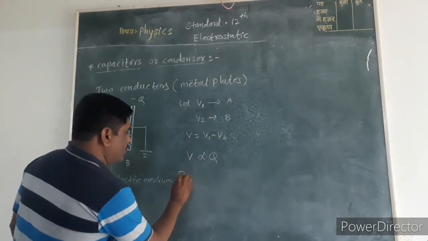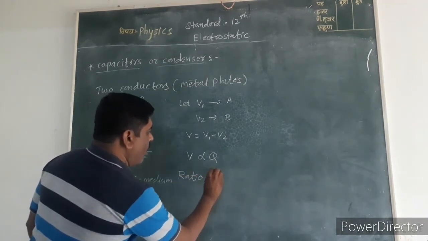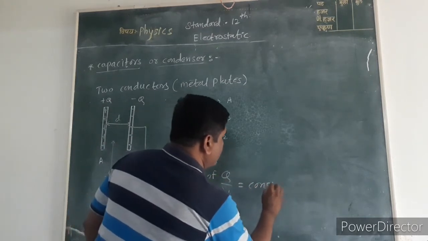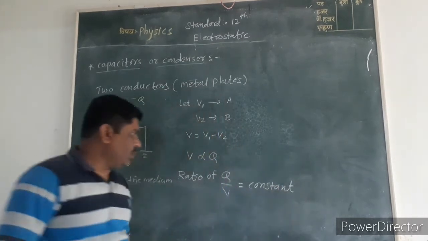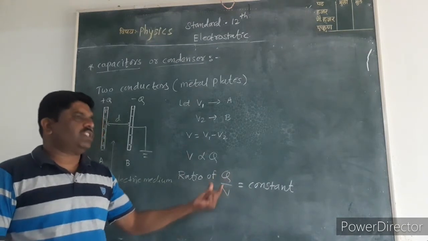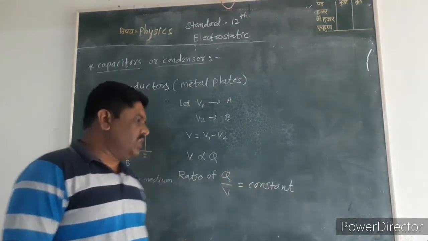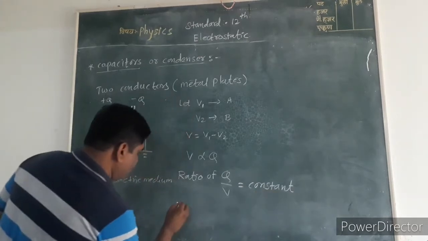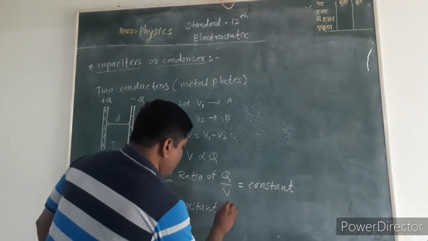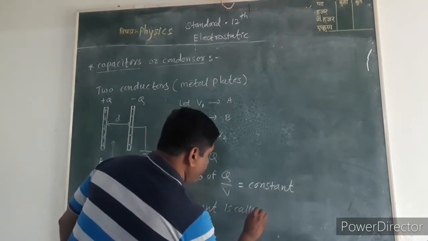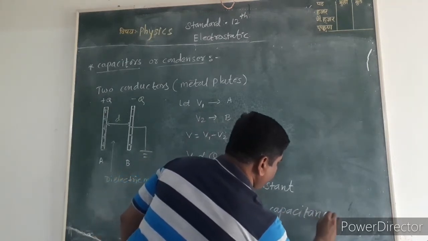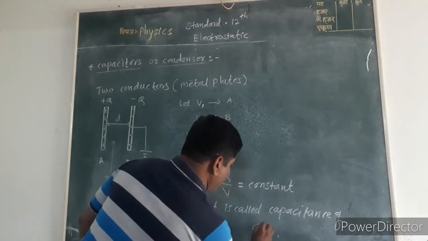And the ratio of charge upon potential is constant. Ratio of charge Q upon V, charge upon potential, is equal to a constant, and that constant is called the capacitance of the capacitor.